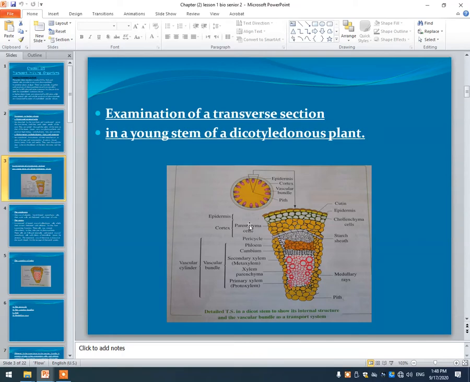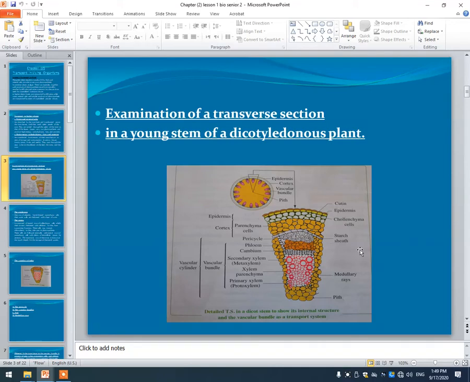After that, we have a layer of starch sheath, which contains starch. After that, we have the vascular cylinder or vascular bundle, which consists of phloem, the outer layer. After that, cambium, and the xylem, which may be secondary xylem and primary xylem.